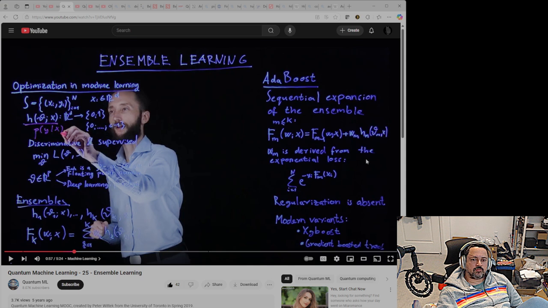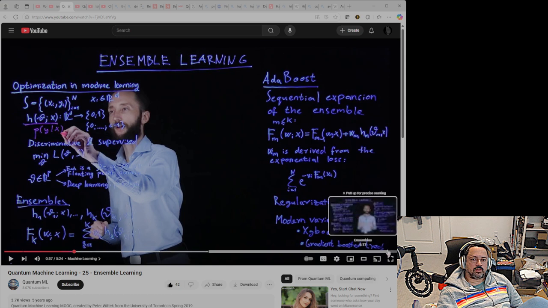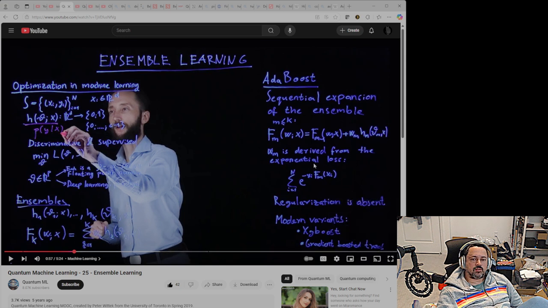Wm is derived from the exponential loss, sum of e to the... Okay, I'm lost here. Regularization is absent. Modern variants: XGBoost, gradient boosted. Okay. Wm is derived from the exponential loss.